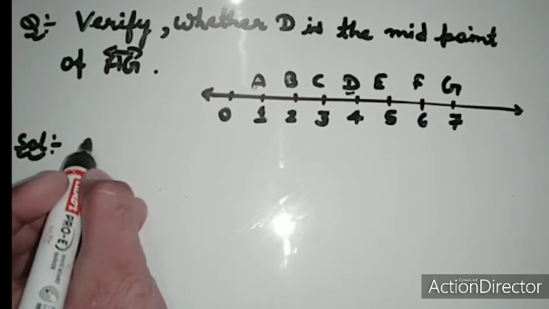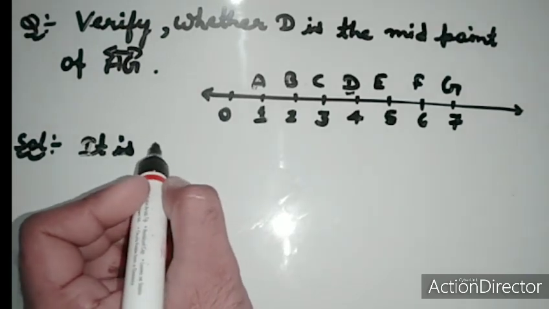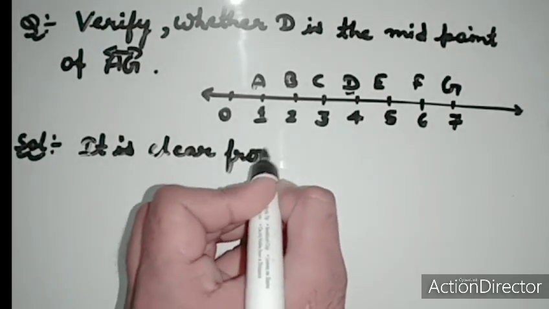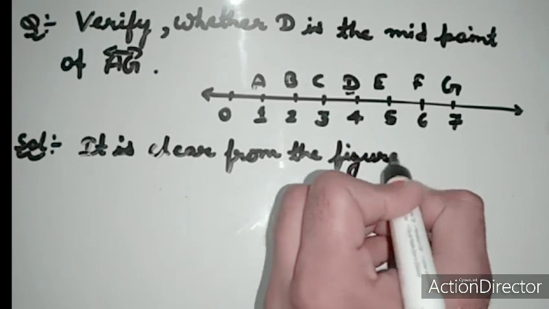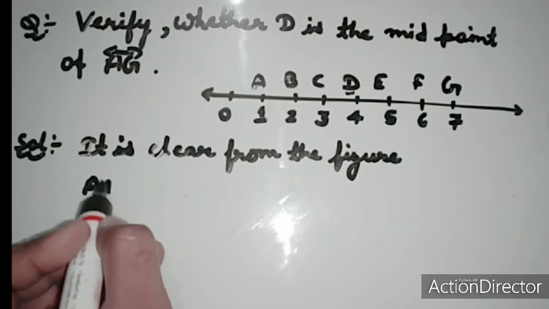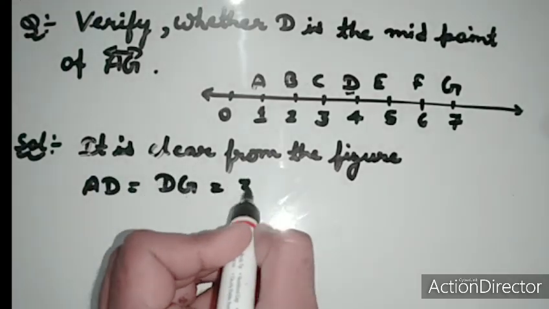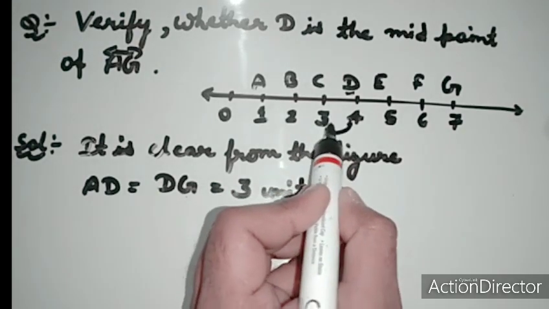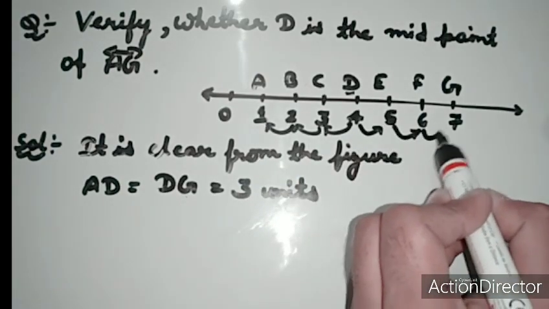So here we write, it is clear from the figure AD equal to DG equal to 3 units, right? 1, 2, 3, and this side 1, 2, 3.